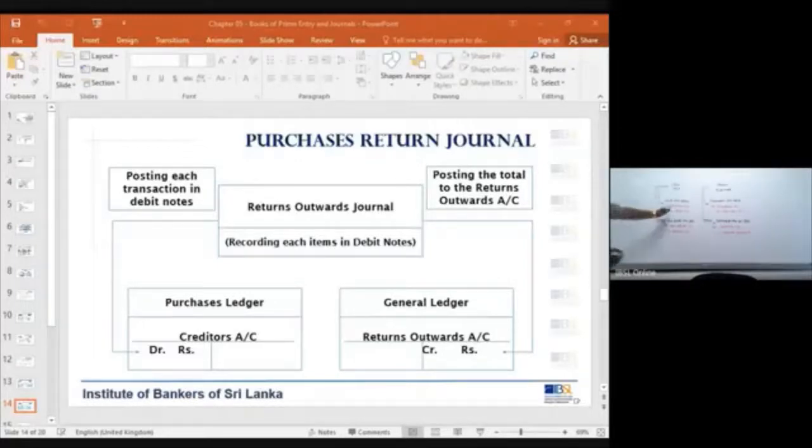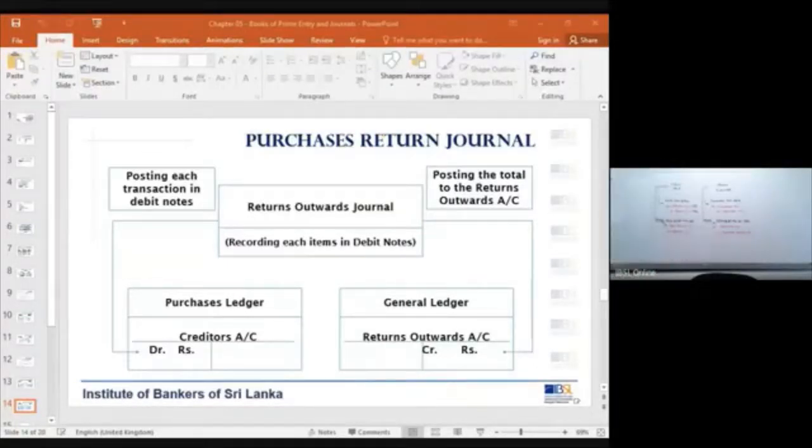Okay, and you will see the four accounts involved here and the four accounts involved here. You will see this is going into the balance sheet. I will put B and S, balance sheet, because this is an asset. The sales will be going to your P&L because this is an income.